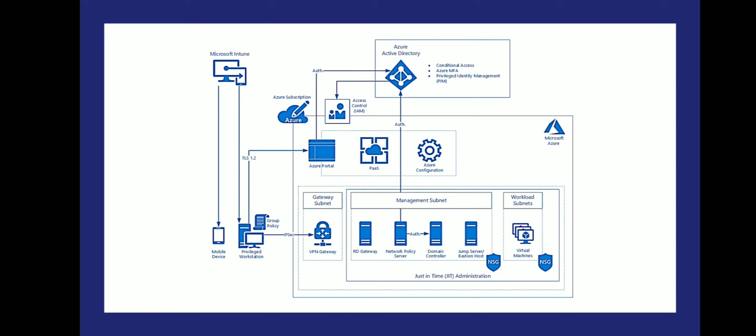Now, from the flow perspective, anybody who is administering systems deployed in Azure is divided into two distinct categories: administering the Azure configuration and administering Azure workloads deployed in Azure.